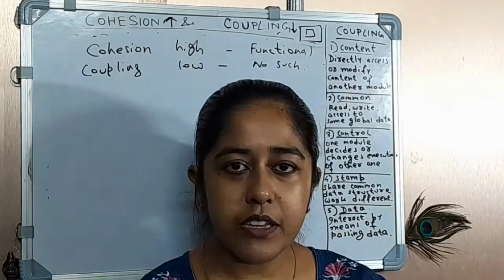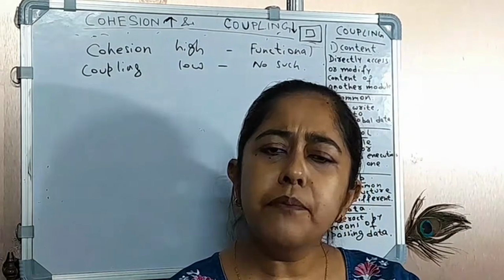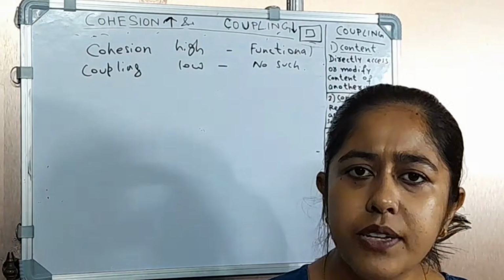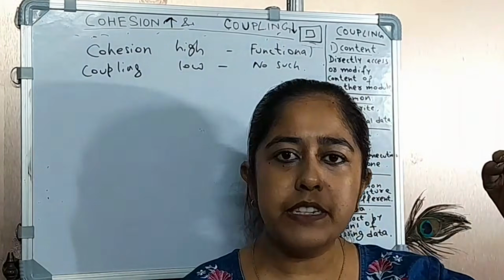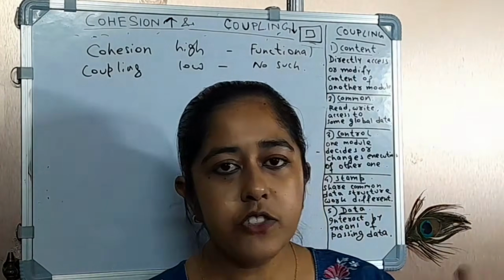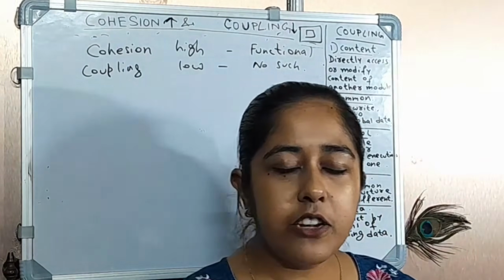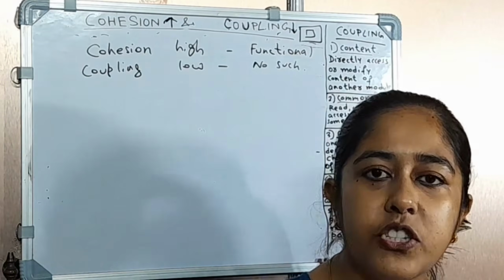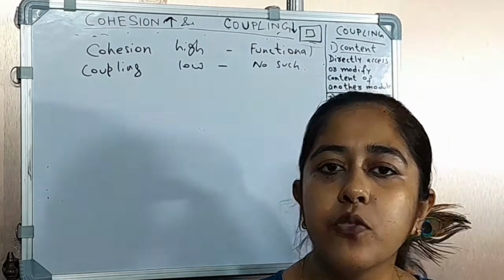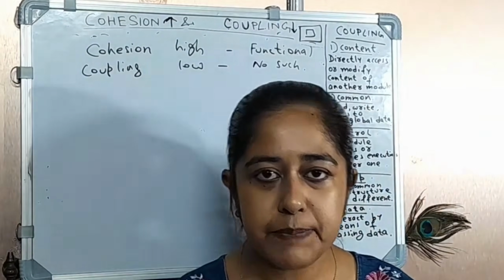All the couplings are equally ideal; nothing is better or worse. But in cohesion that is there. The first one was coincidental cohesion, the lowest cohesion, which was unplanned. But functional cohesion is the highest degree of cohesion, highly accepted as well as expected.